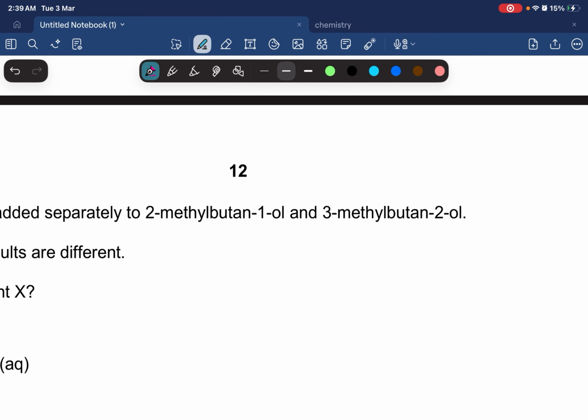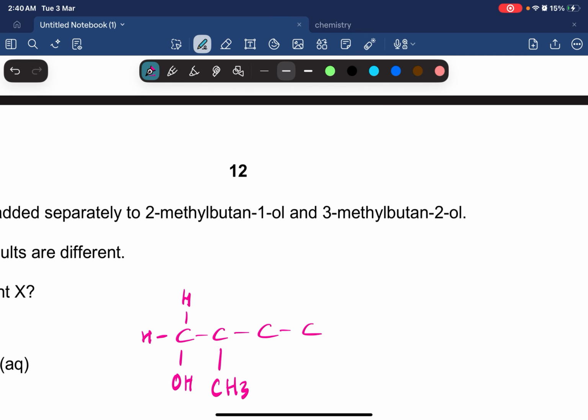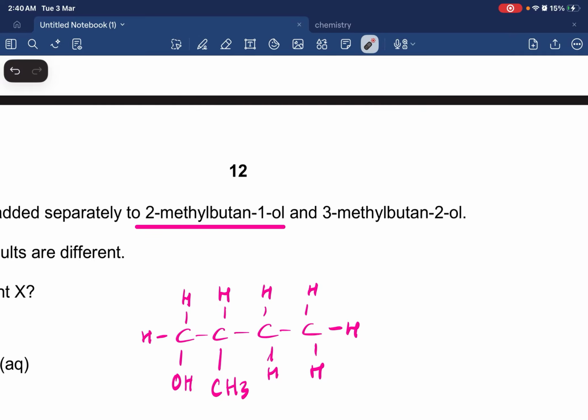So 2-methylbutan-1-ol. 1, 2, 3, 4. That's butane. Now on the second one, we have a methyl. That's 2-methylbutan-1-ol.